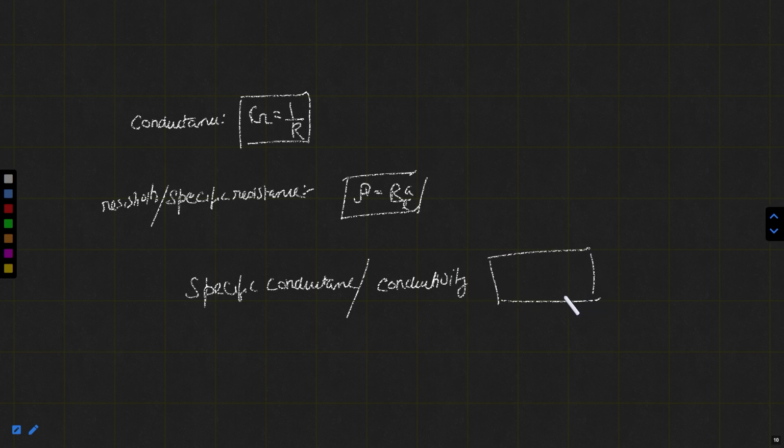So what was the formula? It was denoted by kappa, and it was 1 by rho, and 1 by rho will give us 1 by R, L by A. That would give us 1 by R will be G into L by A.